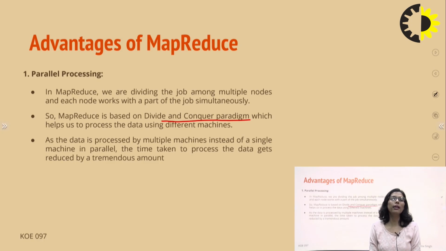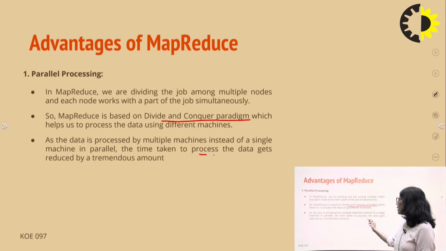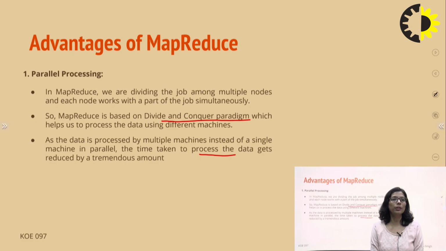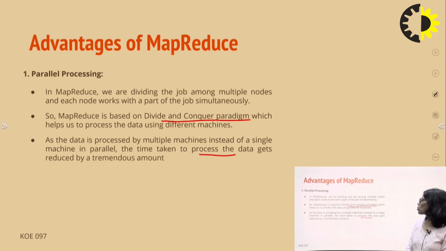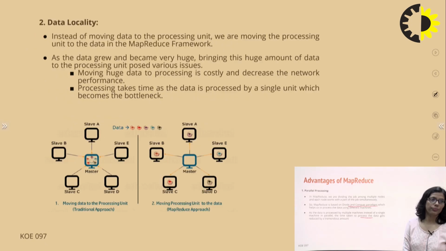Rather than processing the data on a single machine, we divide the data and process it in parallel on these nodes. So the processing time is reduced tremendously.